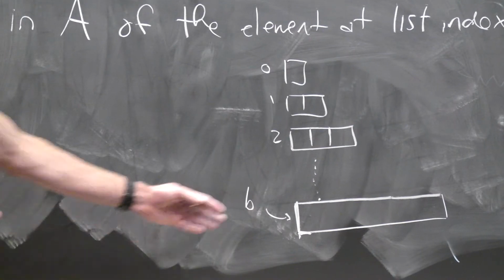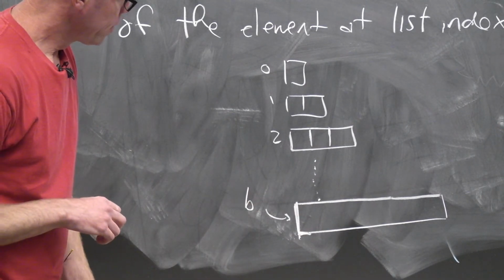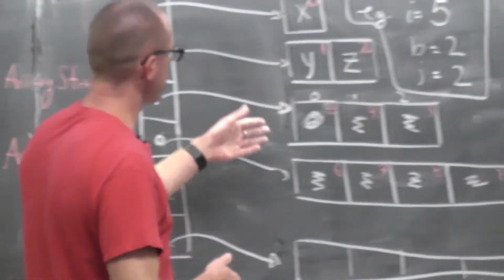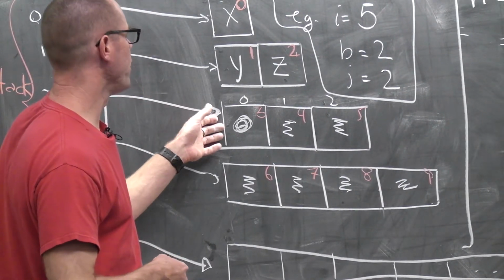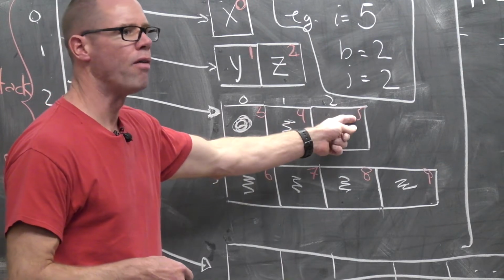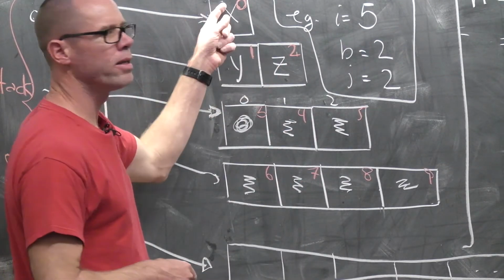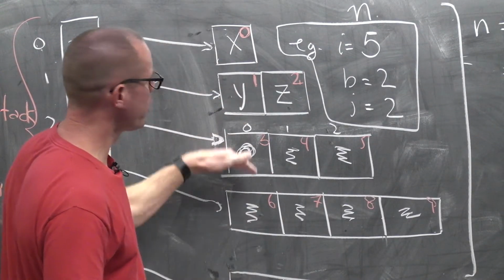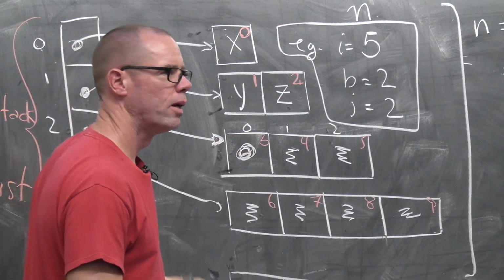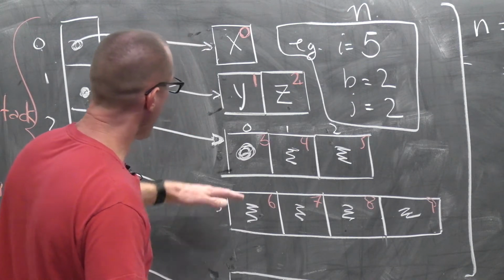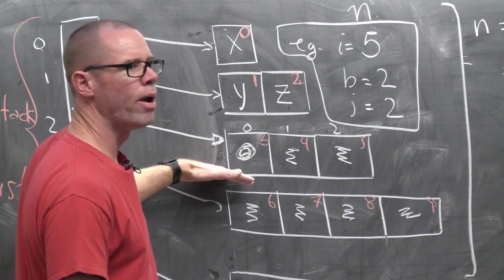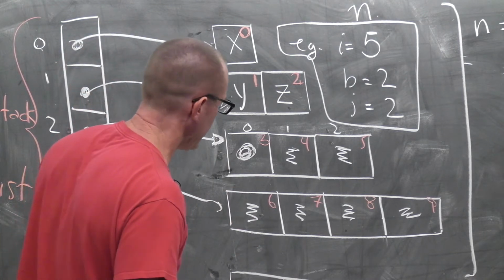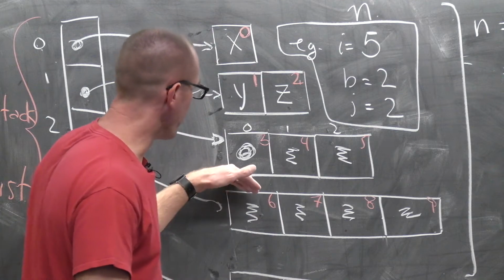What I need to know is where. So this subarray, for example, starts with indices I equals 3, 4, and 5. That's because there's 3 things in all of the arrays that came before it. This one starts at 6 because there's 6 things here. So really all we need to know is how many elements are there in all of the arrays before B. And that's where we can start counting from.